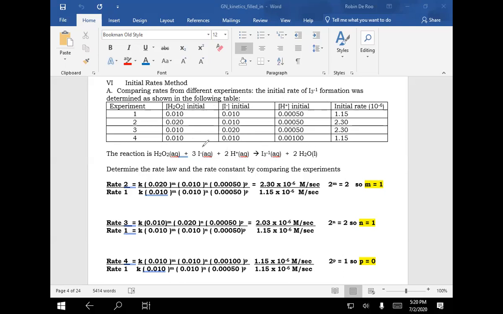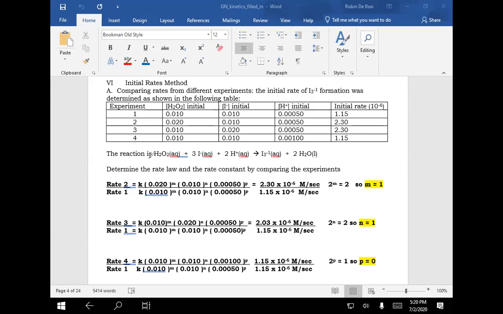We don't need to worry about the stoichiometry. We're just looking at what's happening to our concentrations in these 4 separate experiments. You're asked to determine a rate law. And so what I typically do is I look at the experiments and see how can I get some of the experiments to cancel out.